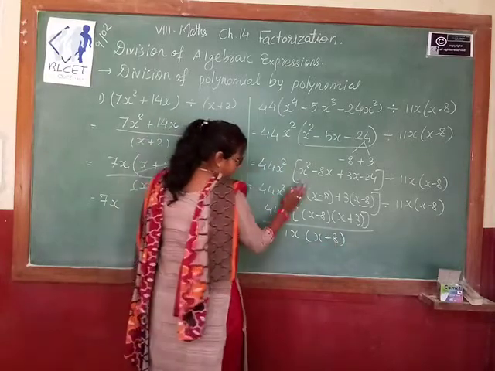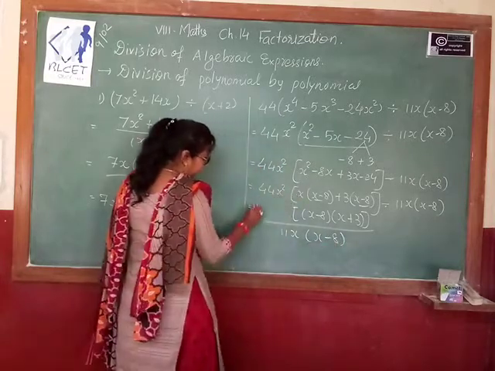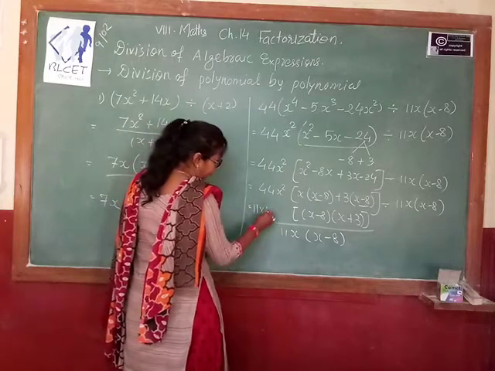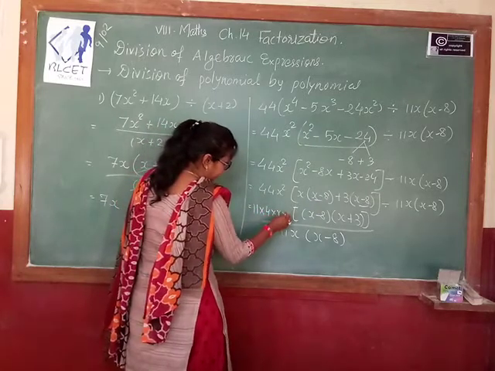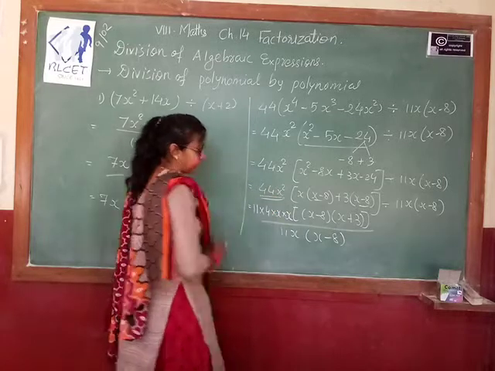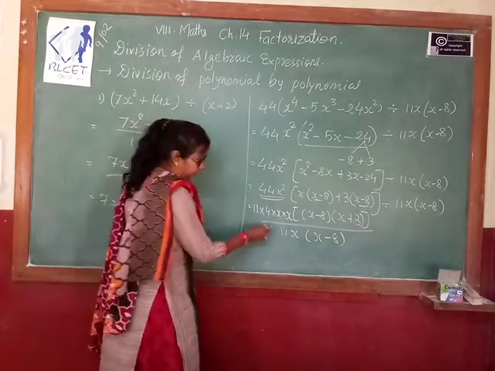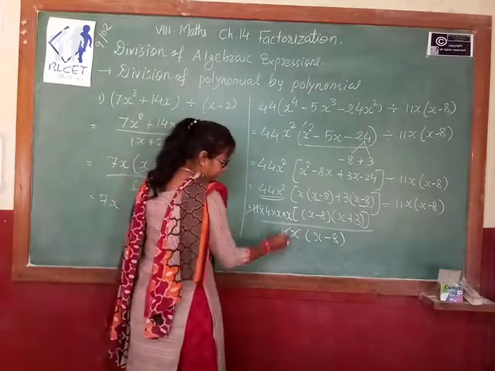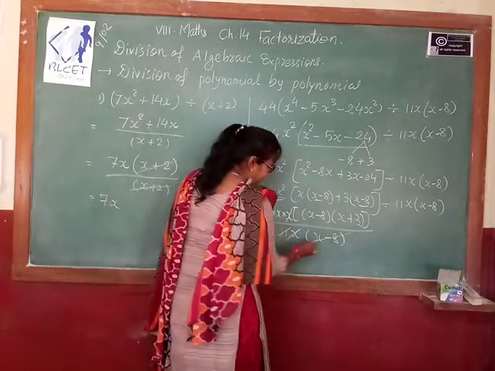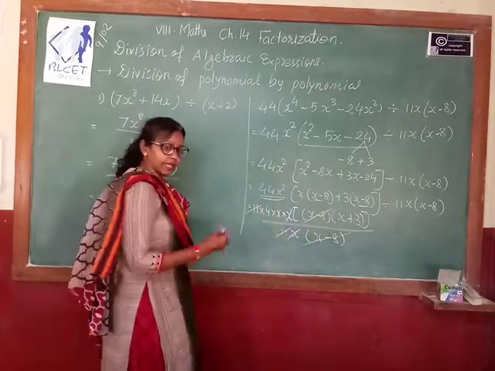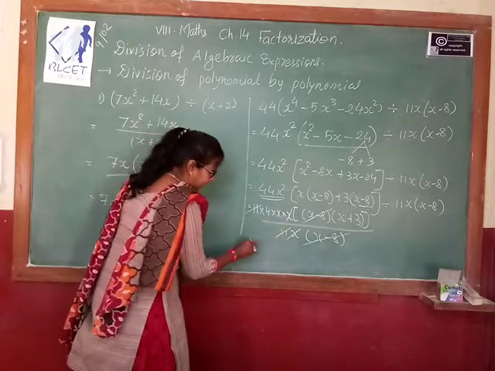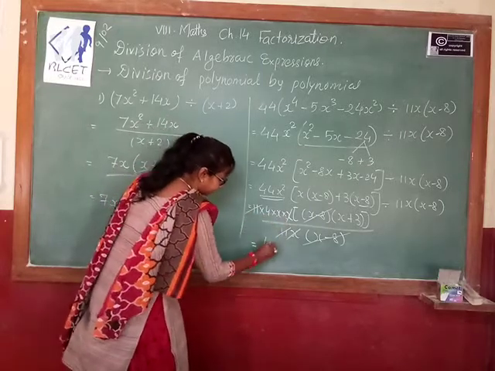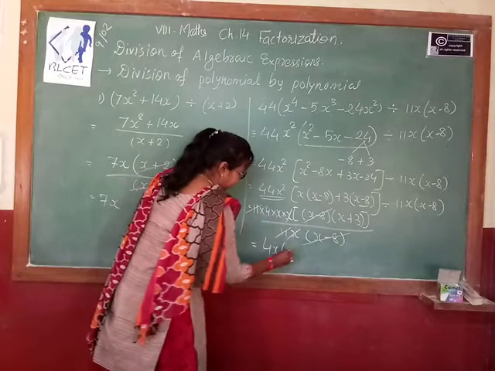In place of 44x square, we can write 11 into 4 into x into x, which are the factors of 44x square. 11 is common, x is common, x minus 8 is common, so we can cancel it. Now what is left: 4x and x plus 3.